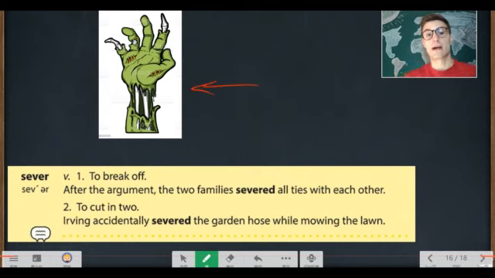How would you describe this hand? It's a severed hand. If you see a finger lying on the floor, you would say, I saw a severed finger, a cut off finger. Severed or sever.